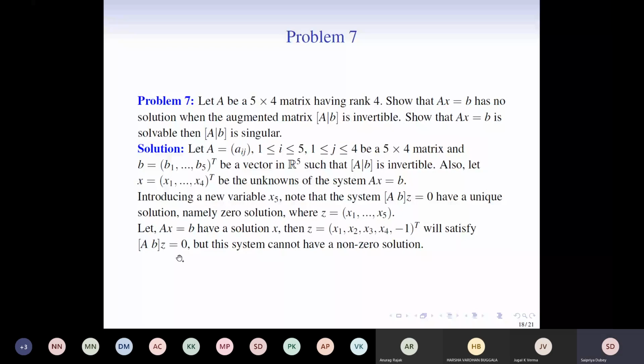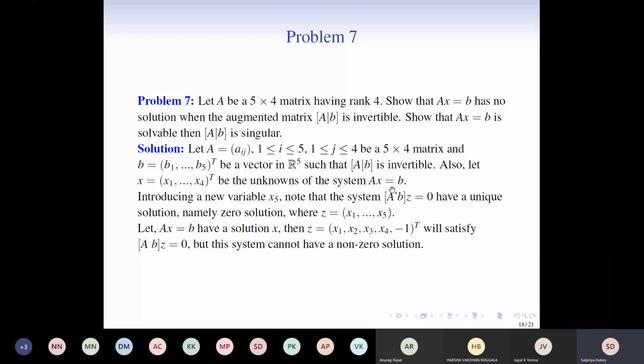Why will it satisfy? How did we get this? Actually, we have got this new system just here. If we look at this equation, we can write B as B times 1, that is B1 times 1, B2 times 1, and so on. And when that comes to the left hand side, its sign will become minus, so it will be minus B1 times 1, minus B2 times 1, and so on. That's how we have gotten this.